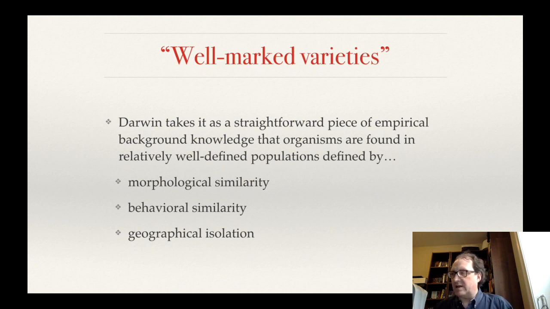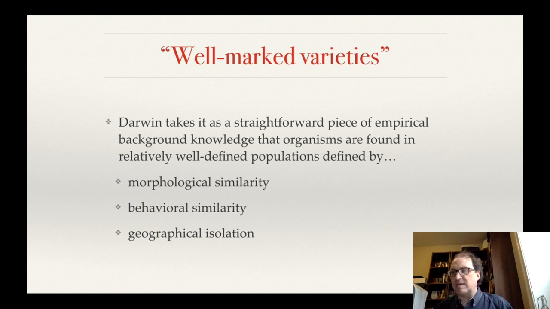And what he does, and why the first two chapters of The Origin of Species are so important, is he's going to turn this insight on its head. Rather than asking the traditional question. The traditional question is, okay, species are a real thing, and every organism is produced so that it belongs to a particular species.